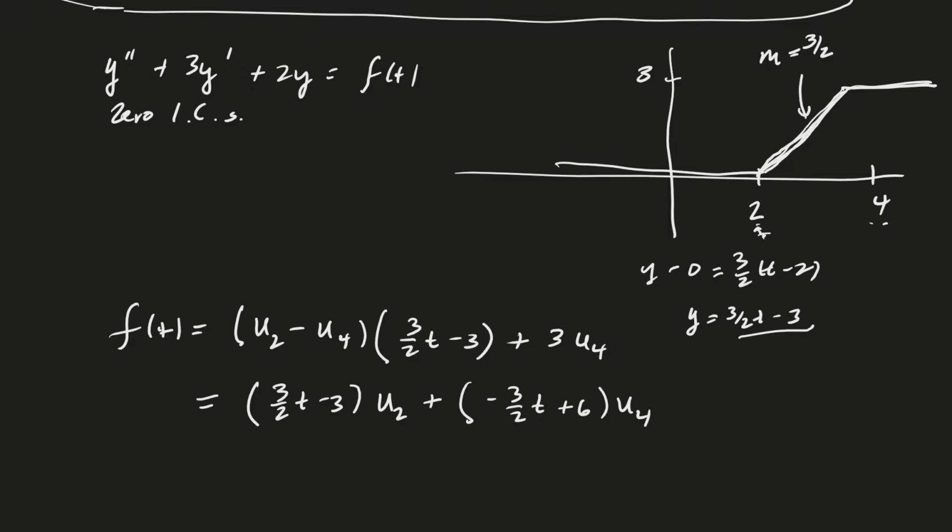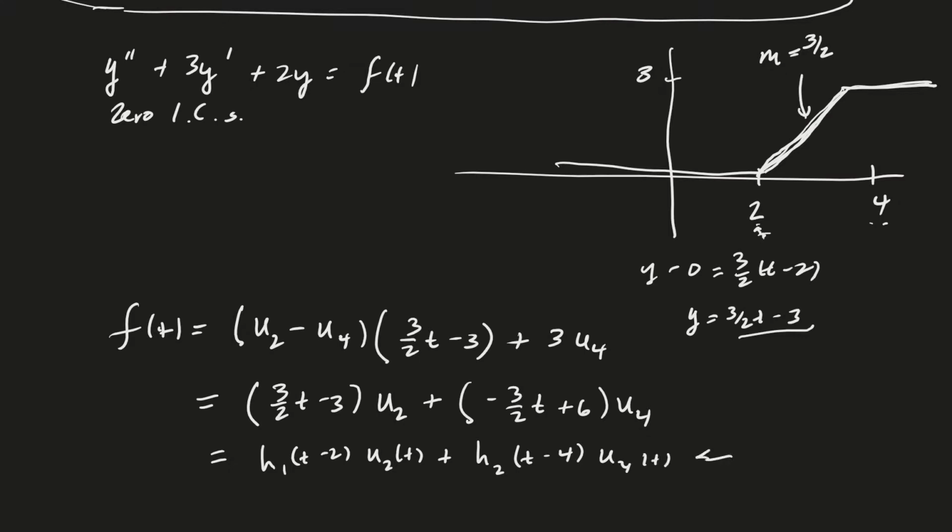I think that'll work. Now we want to think of this as h1 of t minus 2 times u sub 2 of t, plus h2 of t minus 4 times u sub 4 of t.